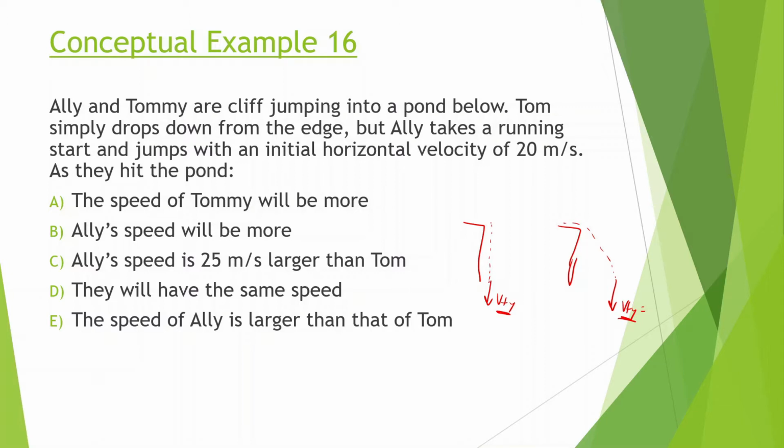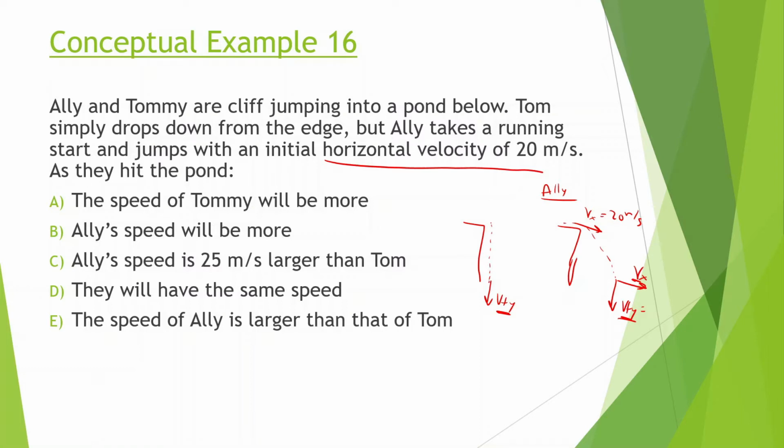However, Allie is going to have a velocity in the x direction when she lands. It's going to be that same velocity in the x direction that she takes in her running start, that horizontal velocity of 20 meters per second. So we should know that Allie's speed is going to be more, because she has both the velocity in the x and the velocity in the y.